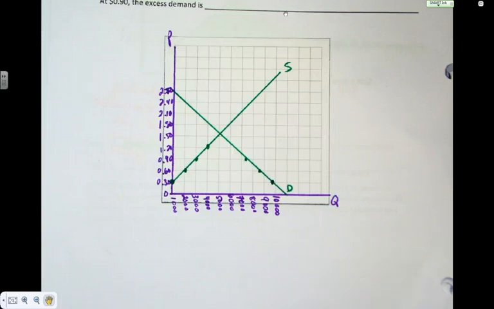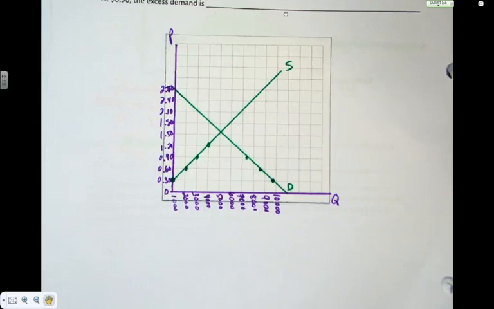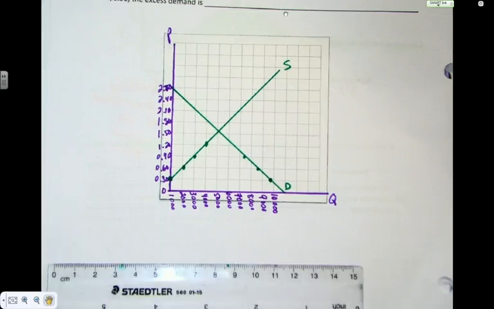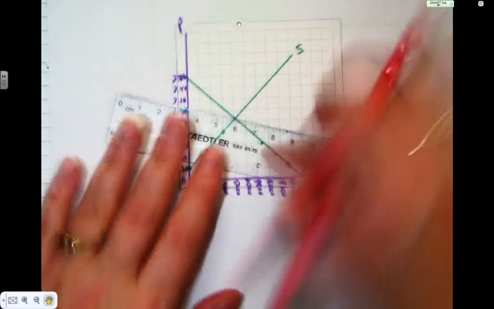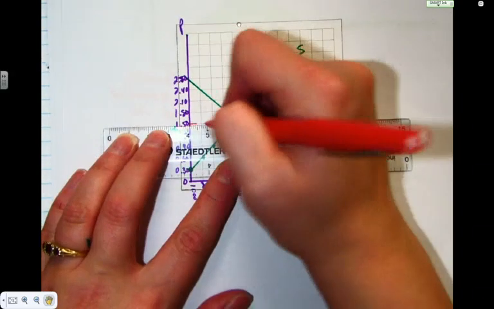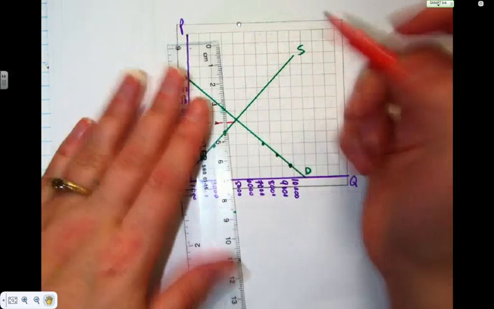Make sure you've got your S and D marked and your P and Q marked. And I'm just marking the equilibrium.